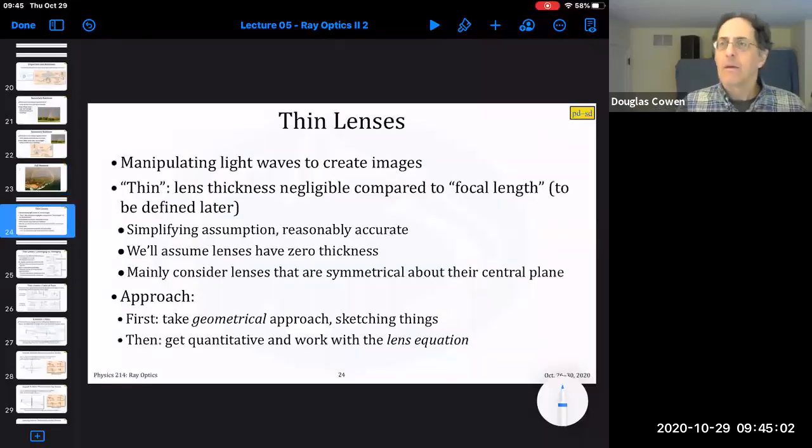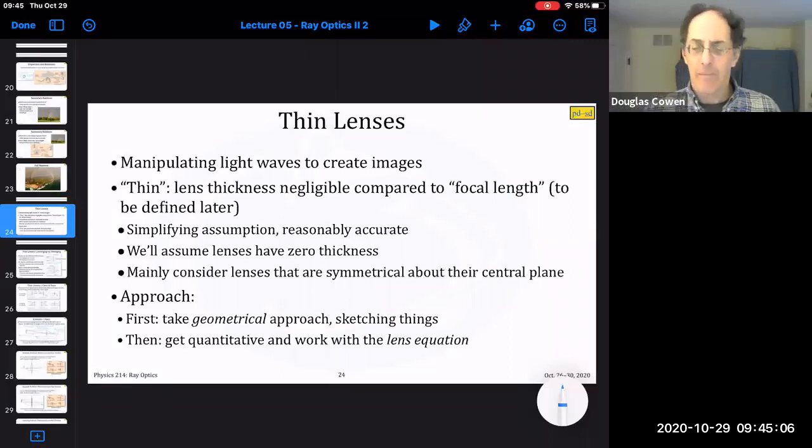Okay, enough about rainbows. What I'd like to do next is talk about applications of refraction and reflection, focusing on refraction and using thin lenses to employ refraction in order to make images.